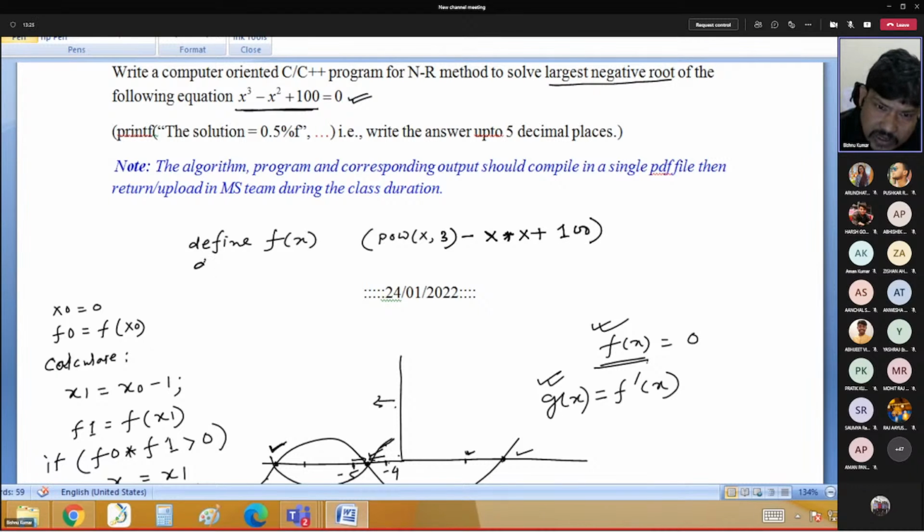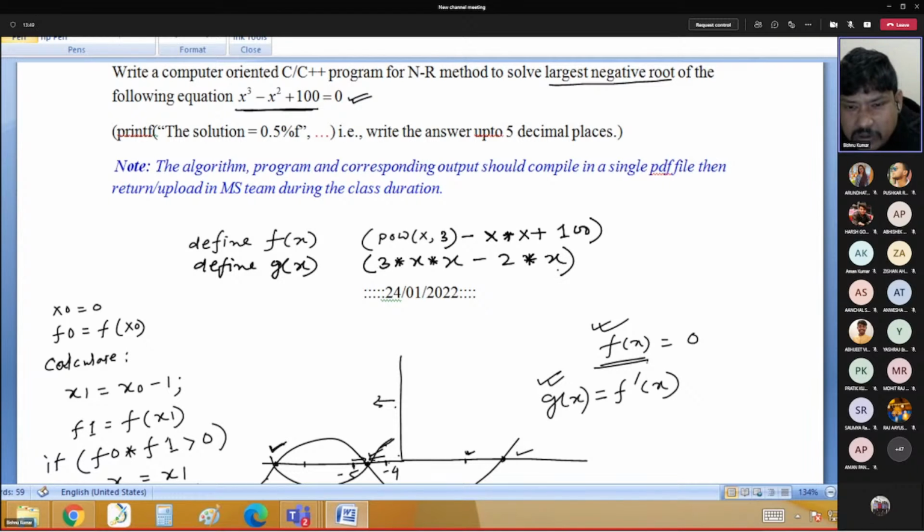And you just define another function, that is g(x), the derivative of the given function. What is the derivative of this? 3*x*x minus 2*x. And before that, include all the library functions. After that, the main program you just start.